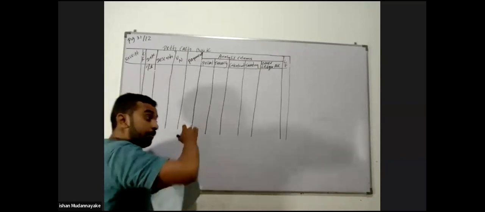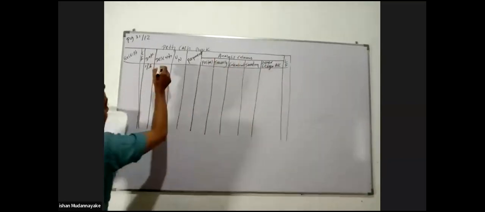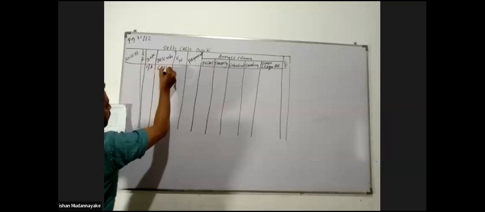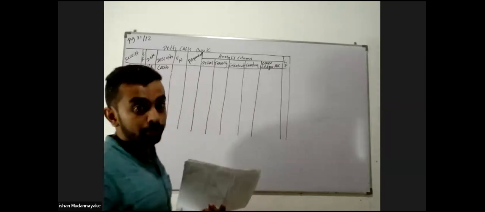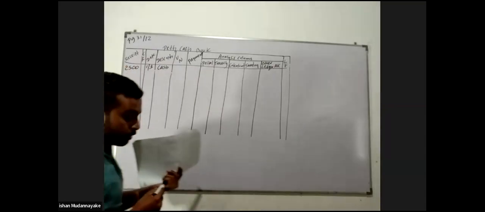Description: cash. Main cash book credit, petty cash book debit. And then how much was received by the petty cashier? 2,500. Received by the petty cashier 2,500.